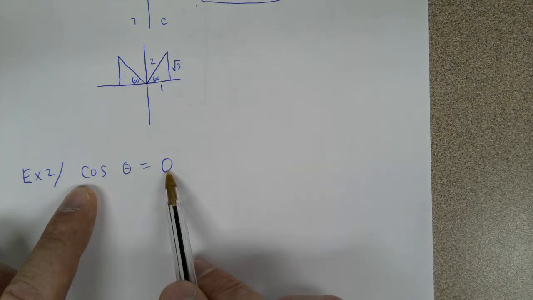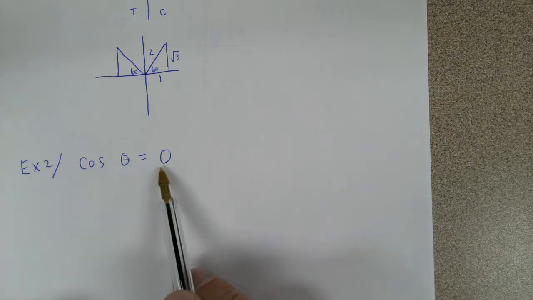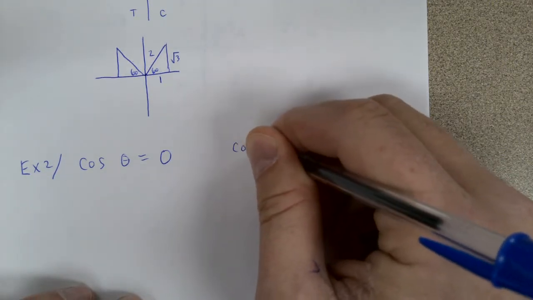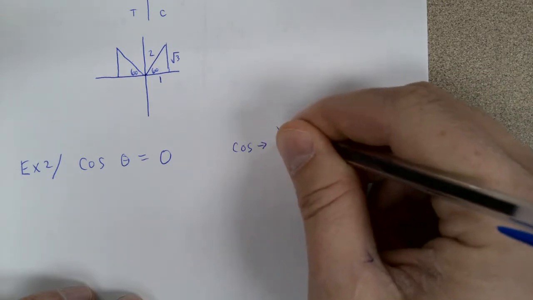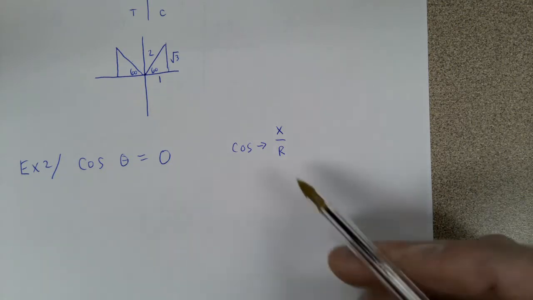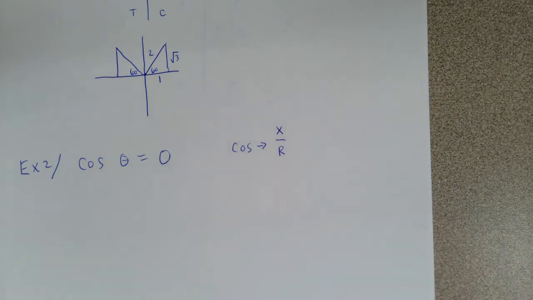So we know this is going to be one of our quadrantals. Where is cosine going to be 0? Cosine is the same as x over r. So what we're looking for is, where is x going to be 0 on our unit circle?